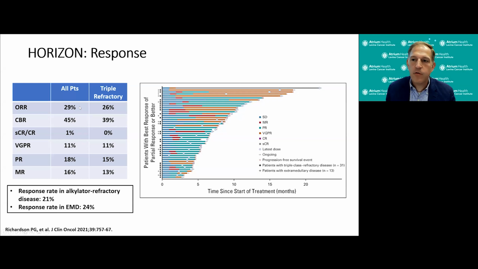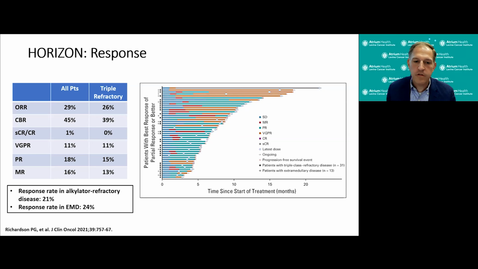So about 3 out of 10 patients, again, with at least a 50% reduction in disease burden with this particular treatment, 45% of patients with at least a 25% reduction in disease burden. The response rate, perhaps not surprisingly, drops a bit when you look specifically at the alkylator refractory disease patients. These are folks that had prior refractoriness to cyclophosphamide, melphalan or bendamustine.